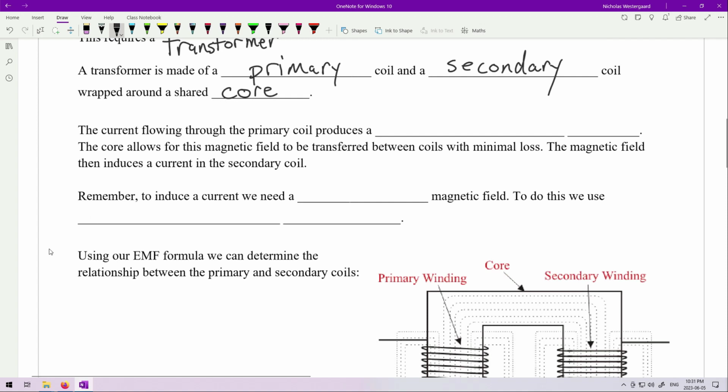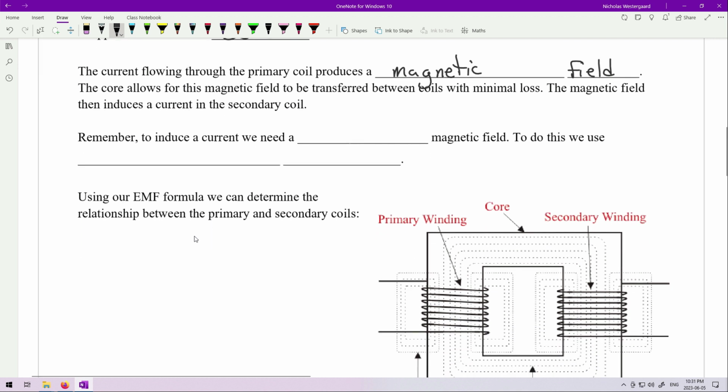The current flowing through the primary coil produces magnetic fields, as we've seen, right? And the core helps these magnetic fields travel through the space in between the primary and secondary coil, hopefully with minimal loss, and the magnetic field through the secondary coil can then induce a current in the secondary coil.